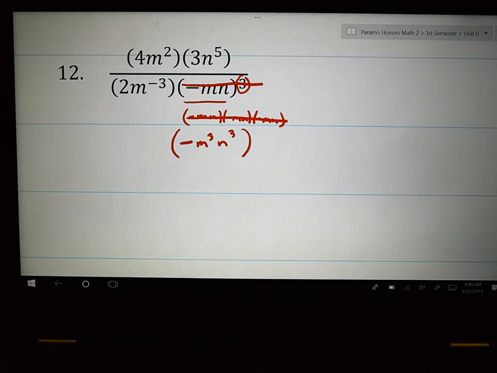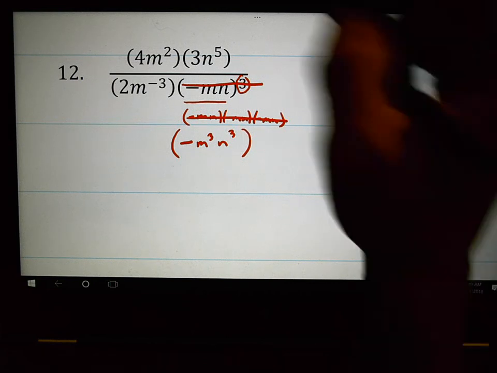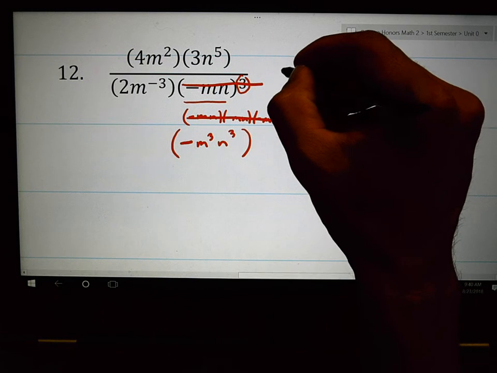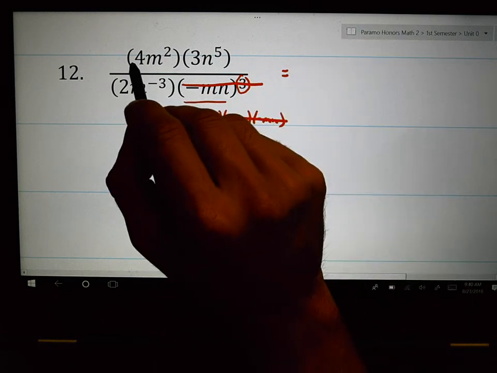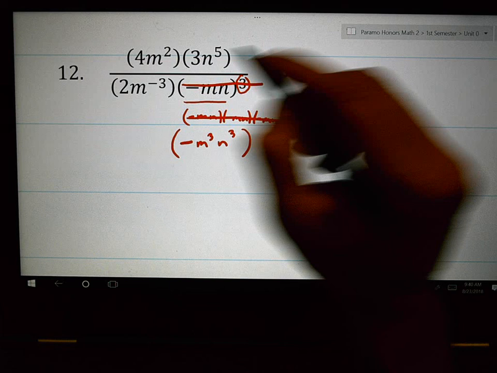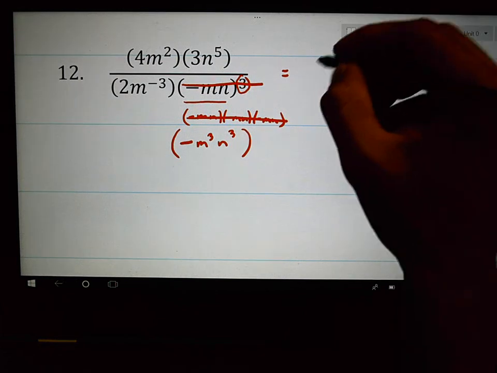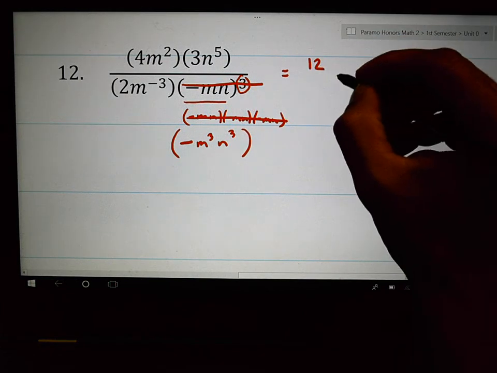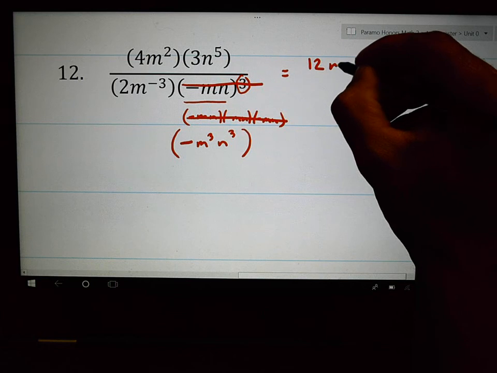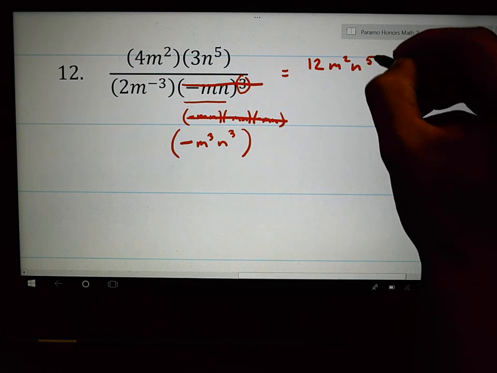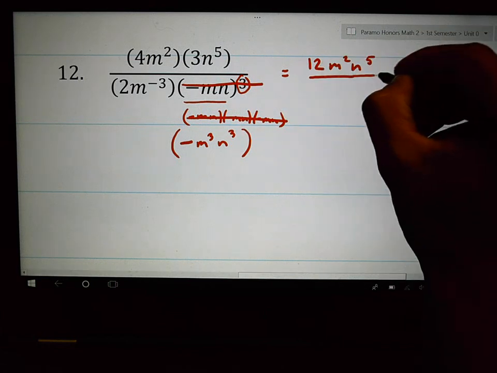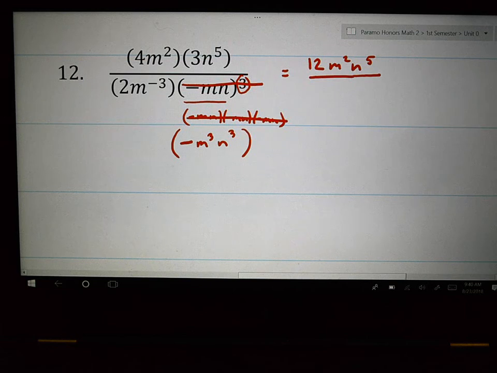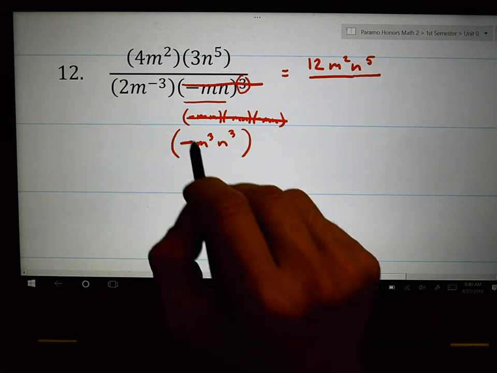Now I have groups of multiplication. And whenever I have groups of multiplication, I just do things kind of top and bottom and left to right. I have a 4 times 3. I put 12. M squared, n to the 5th. And this denominator, I have a 2 times a negative.